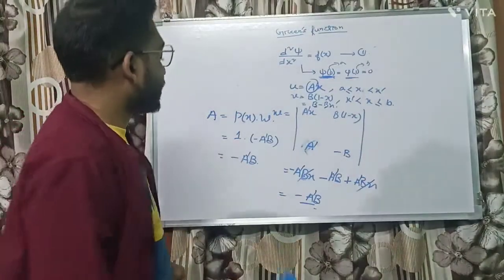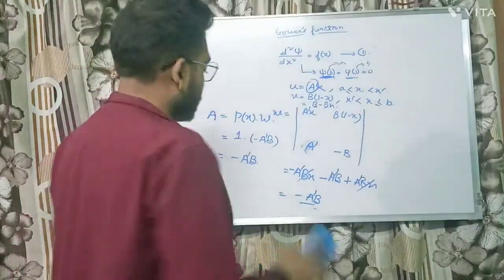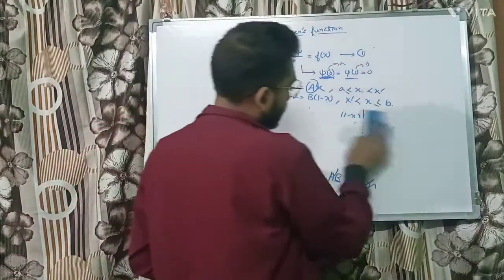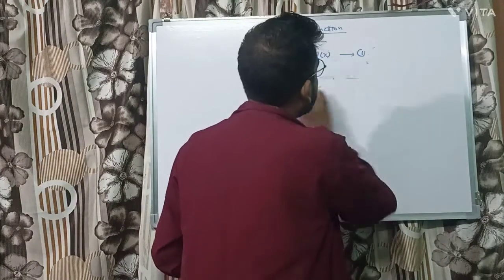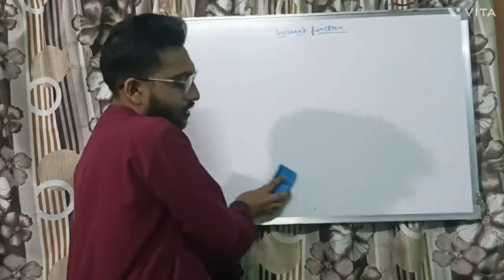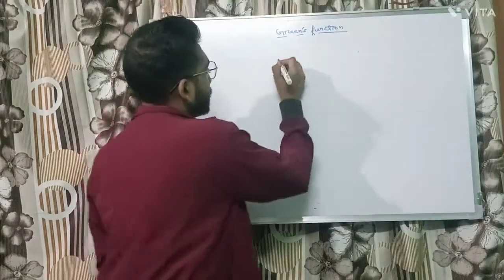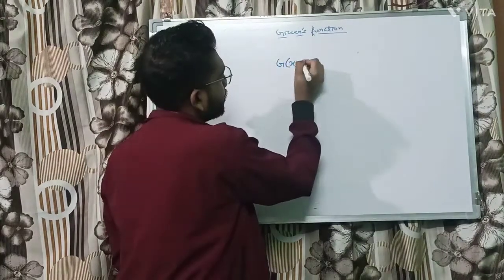After this I have to calculate the Green's function. What are the values of the Green's function?